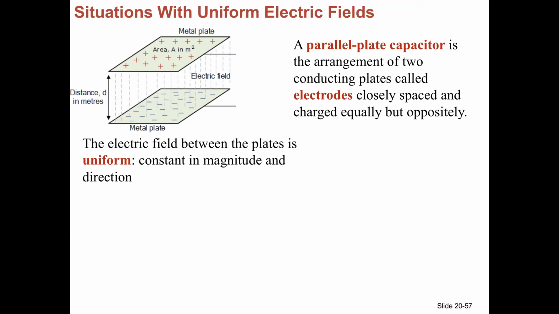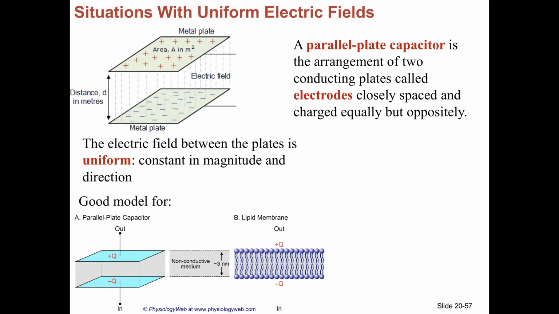Our main reason for talking about such a system is that this is going to relate to us. Our main goal in discussing electricity is to learn the principles behind nerve signal conduction. And this capacitor structure is a model for a lot of different things in nature and in engineering, but in particular, it's a very good model for how charge builds up on the outside and inside of a cell membrane. Here you can think of the bilipid layer in a cell membrane as being our 2 different plates of charge.